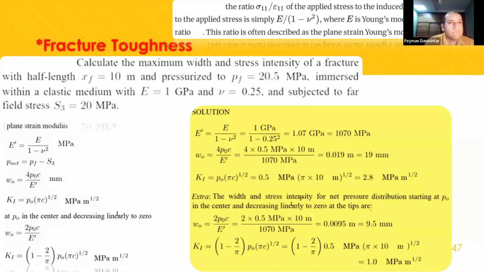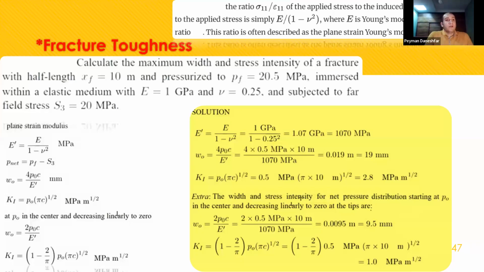We can show it with this formula: the Young modulus as the numerator and one minus the Poisson ratio squared in the denominator. So when you see E-prime, it means the plane strain Young modulus.